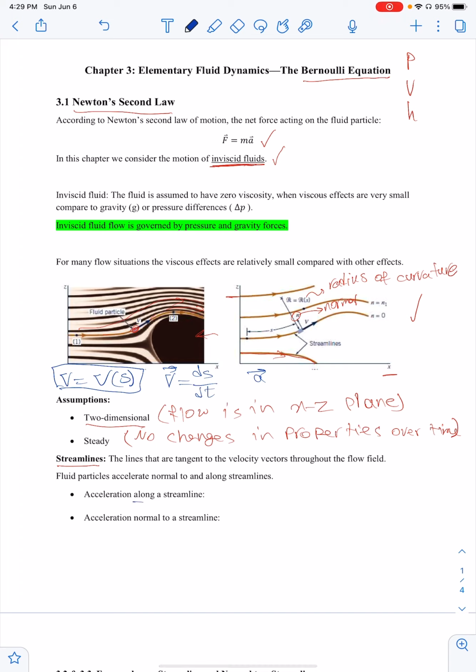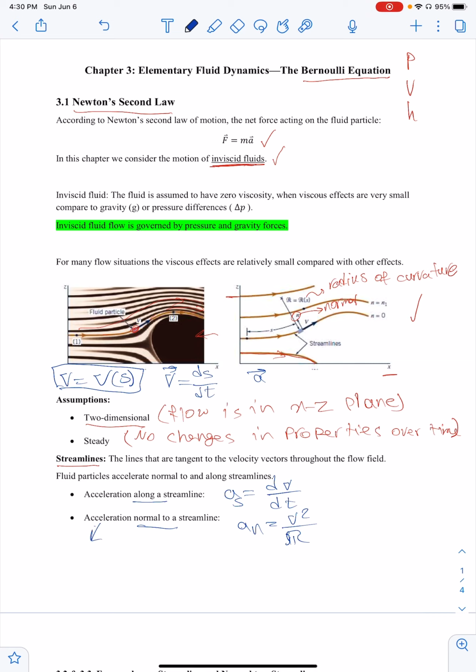And then for the acceleration, we have two components here. First, we have the acceleration along the streamline, and second, the acceleration normal to the streamline. The acceleration along the streamline we're going to call dv over dt, and the acceleration normal to the streamline is v squared over the radius.